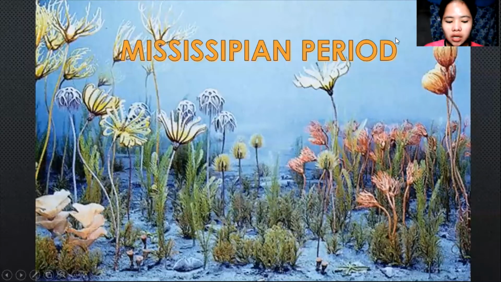So the Carboniferous period came from the large amount of carbon-bearing coal. So this is where nag-start yung deposits ng coal na today is nagagamit na natin as our fossil fuels. It is also the collision of land that resulted in mountains, and large land masses collided or split, like Euramerica and Gondwana land.